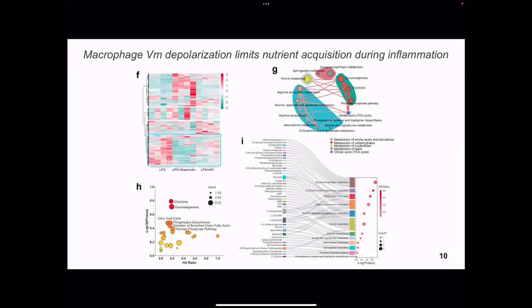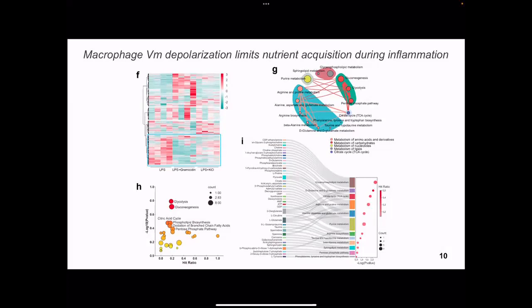Using metabolic pathway enrichment analysis, the common decreased metabolites were mainly associated with glycolysis, the PPP pathway, the TCA cycle, purine synthesis, phospholipid biosynthesis, and amino acid metabolism and biosynthesis.